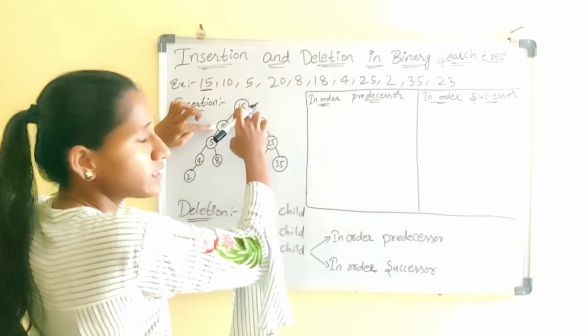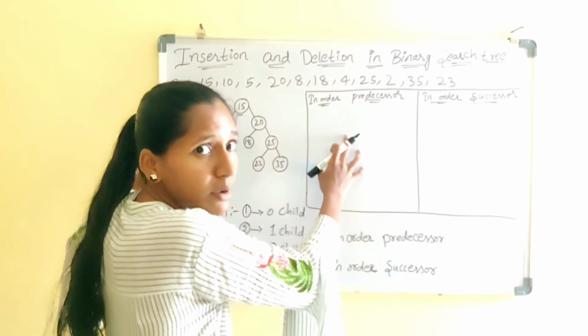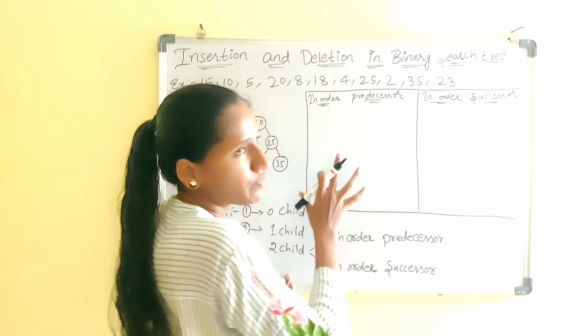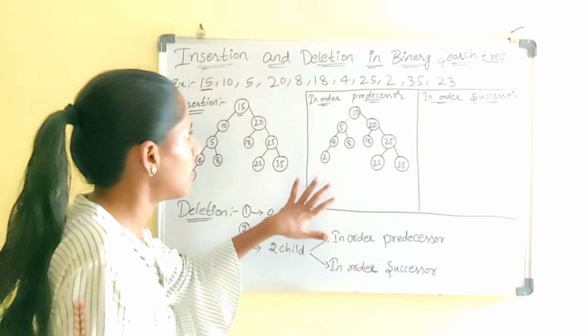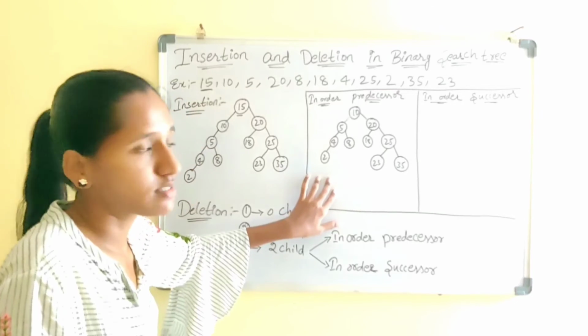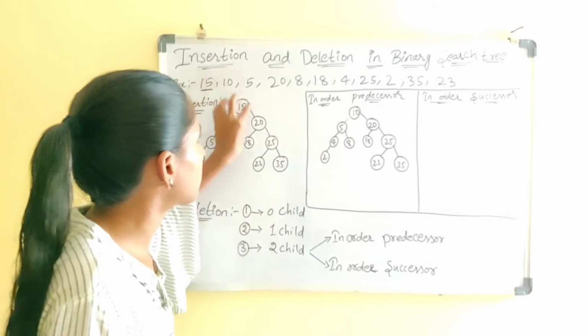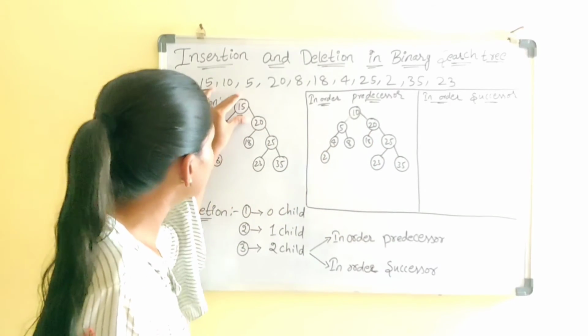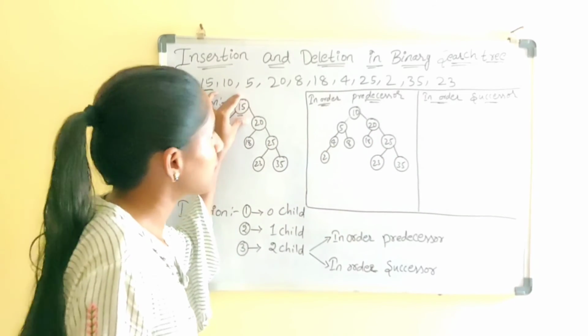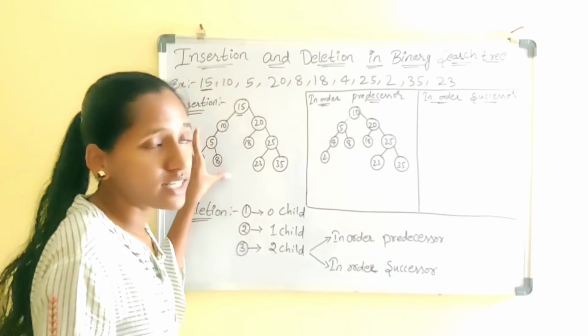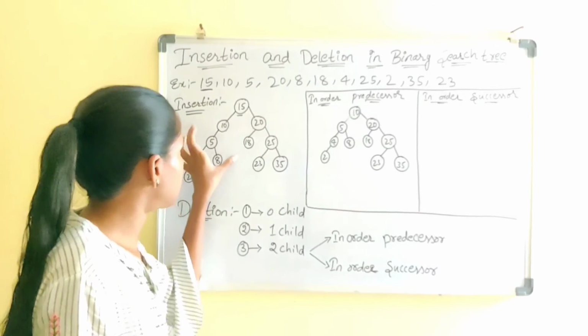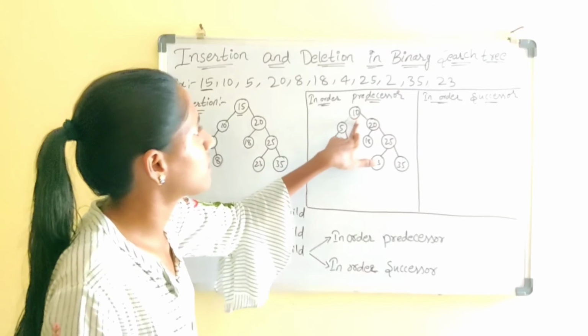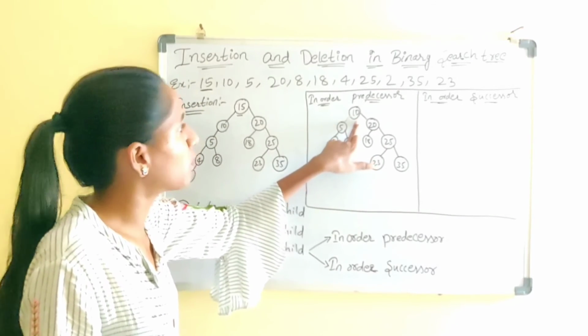We have to replace 15 with 10 in the in order predecessor. So the diagram is here. It is the in order predecessor. We have deleted 15. When we see here, there is no 15 in this. We deleted 15 by replacing it with the greatest value of the left subtree. Here it is 10. We have replaced the root node with 10.